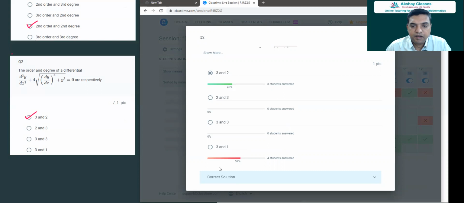So the mistake made by the people is, everyone has identified third order correct, but this is the mistake, degree 1, because one has just taken that the power of third derivative of y is 1 here, but we have to consider the power after removing all the radical signs. So that's what it is.